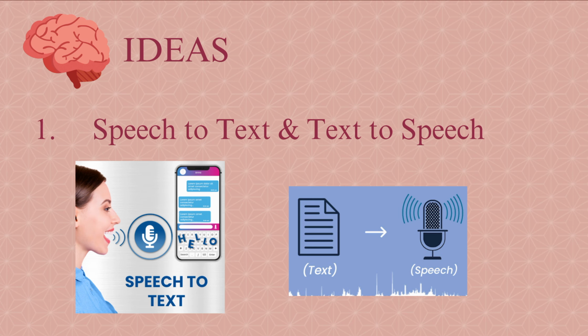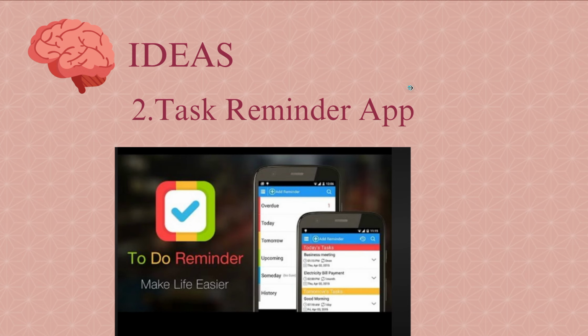You have to take input through the voice and give output through the text, right? So it will be a very good project if you want to generate more and more big projects later. This is one of the best ideas.